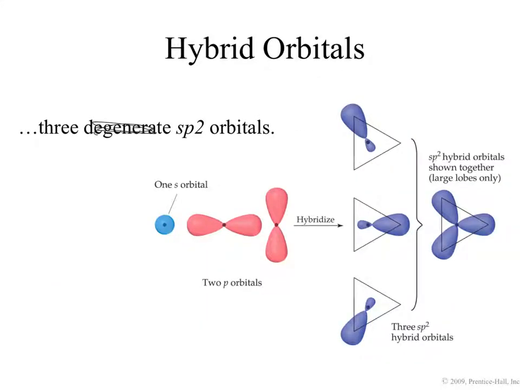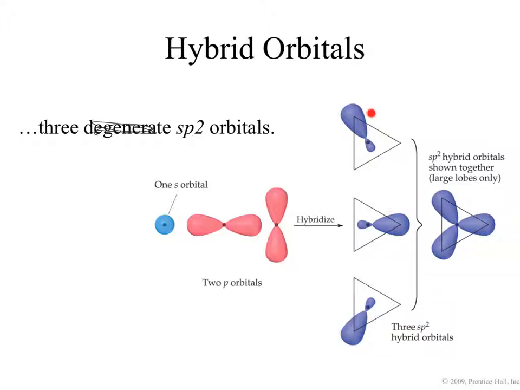So if a central atom contributes an s orbital and two p orbitals that have electrons in them, these three would hybridize. They would combine to make new orbitals that have the characteristics of each. And because there's three of them combining, we'll get three when they come out. Three babies.